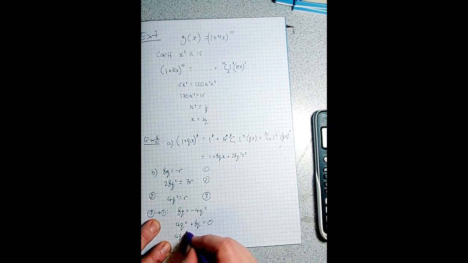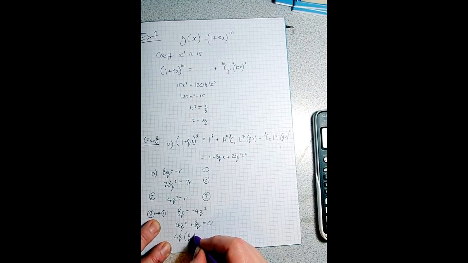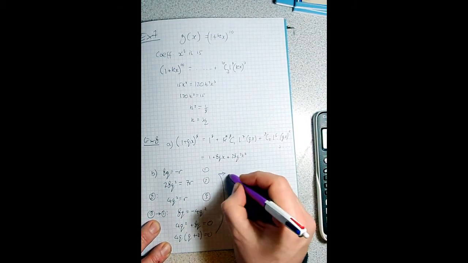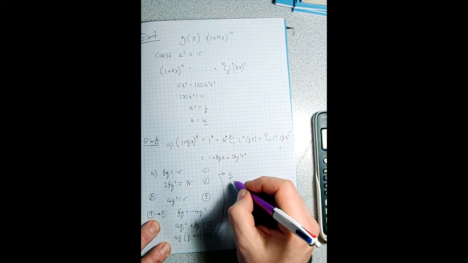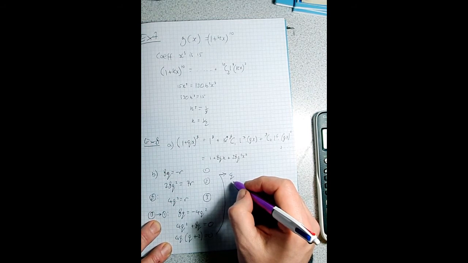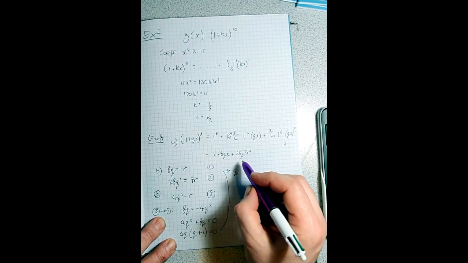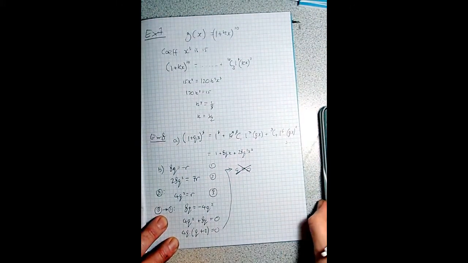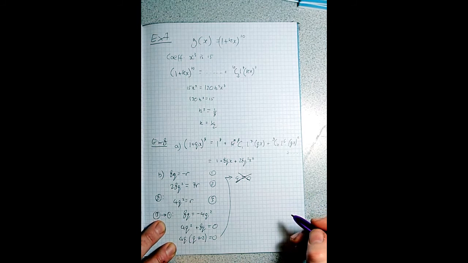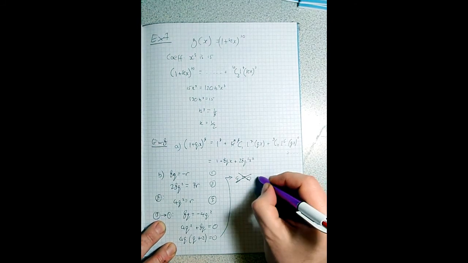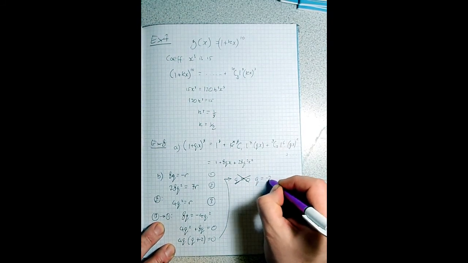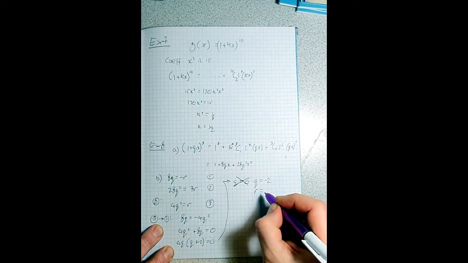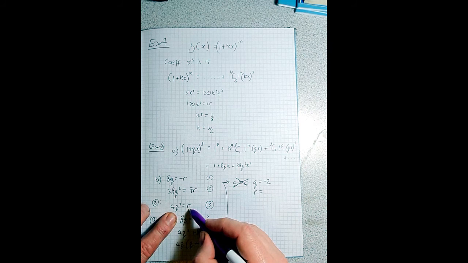Take out my 4q: 4q(q + 2) = 0. It does say for part A, q is a non-zero constant, so q = 0 is not the solution I want. I did just have to have a quick look at the question to check that. Which means q must be minus 2, and if q is minus 2, r is 16.